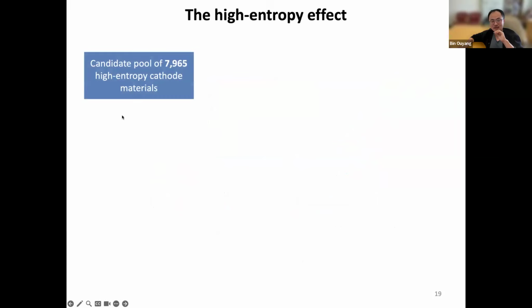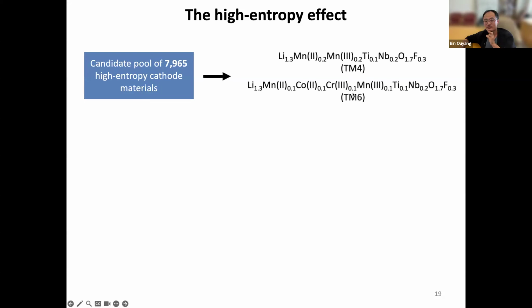Because of that, we did high throughput screening immediately, looking for what can be more disordered. I don't show all the details here, but just to let you know how many materials we tried: it's pretty much all the chemistries that battery people want to try. We came up with these four chemical formulas with 4 transition metals, 6 transition metals, just to make it high entropy enough.